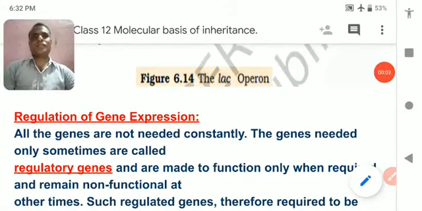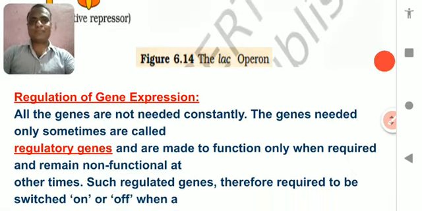Welcome students. Let's start our new topic, that is regulation of gene expression. In this topic we are going to study how a particular kind of gene acts or functions. All the genes are not constantly needed; there are different kinds of genes present in our body.